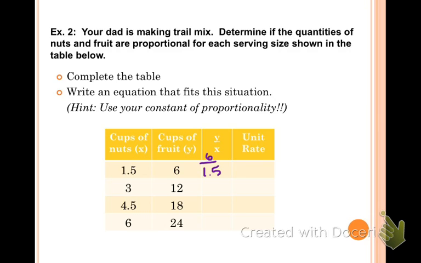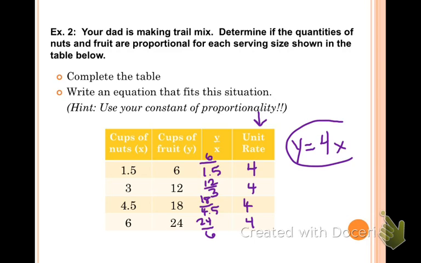That is a unit rate of 4 to 1. 12 to 3 is equal to 4. 18 to 4.5 is also equal to 4, and 24 to 6 is equal to 4. So this unit rate, this is our constant of proportionality. So we have y is equal to 4x for our equation.